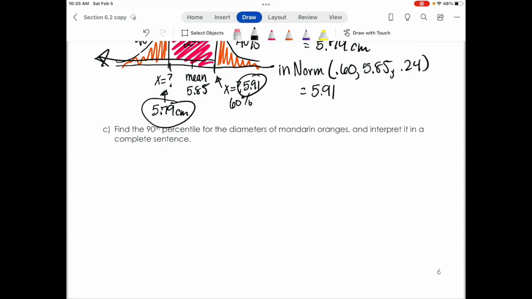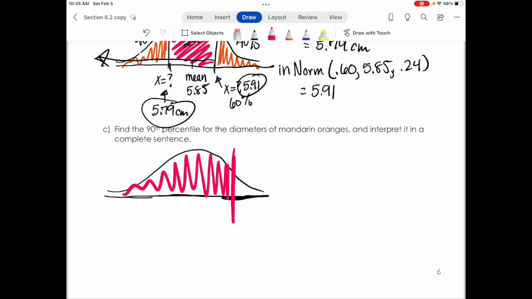Okay, part C. It says find the 90th percentile for the diameters of the mandarin oranges and interpret it in a complete sentence. 90th percentile means I want to find the cutoff point so that 90% of the mandarin oranges have a diameter size to the left of that cutoff point.